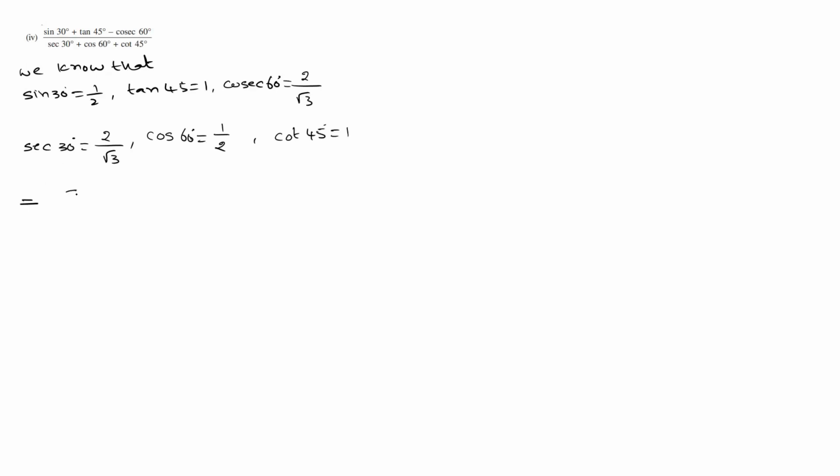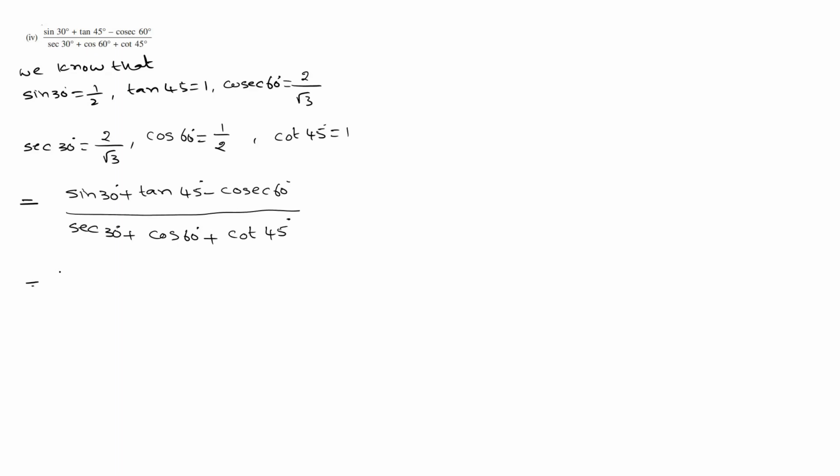So we'll get sin 30 degrees plus tan 45 degrees minus cosecant 60 degrees whole divided by secant 30 degrees plus cos 60 degrees plus cot 45 degrees.